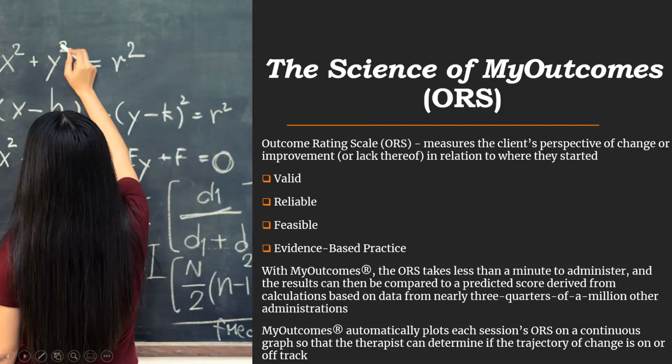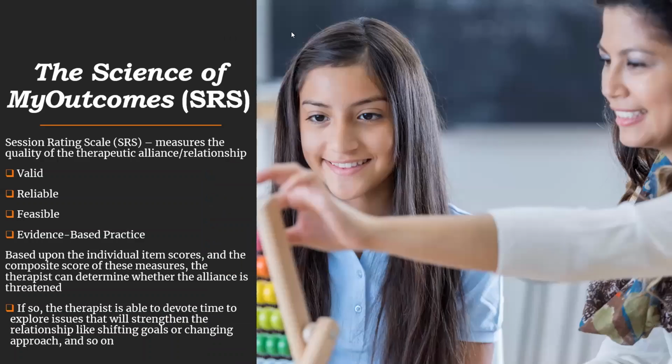So part of the science as far as My Outcomes with the SRS is that the SRS, like we've talked about, measures the quality of the therapeutic alliance and relationship. It's also valid, reliable, and feasible.